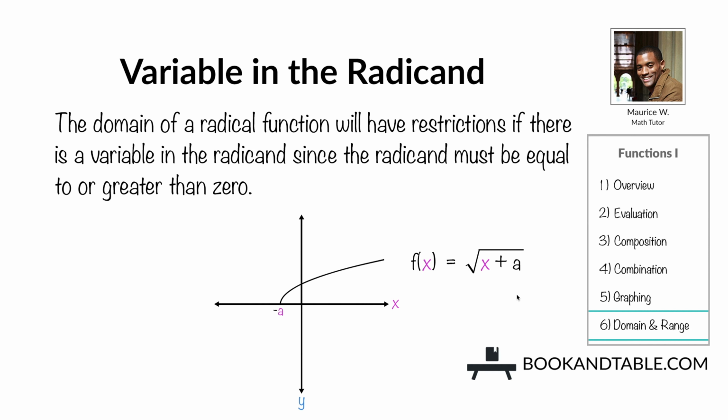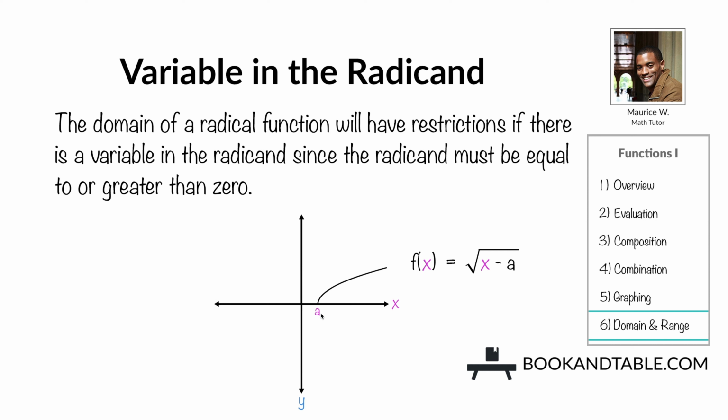Why is that? If x were -a, we would get f of -a is equal to the square root of -a plus a, and that would be 0. So x is greater than or equal to -a. But it cannot be anything smaller than -a, since this would then become negative and then create an imaginary result.